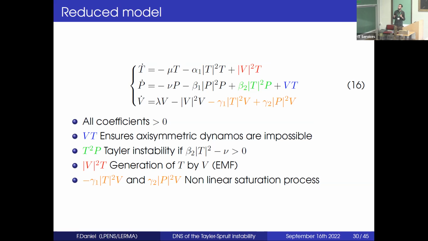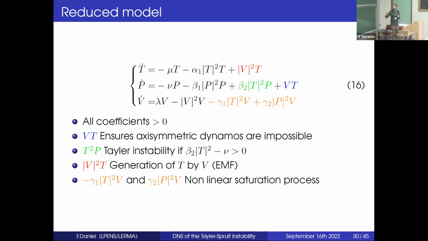axisymmetric dynamo possible. A non-axisymmetric dynamo is possible here through the VT term in the second equation. But what I think is maybe the most important term, and more physical, is this green term here, which, if you couple it to the first term minus nu p, you see that if beta 2 T squared minus nu is positive, this P mode is going to get an exponential increase.